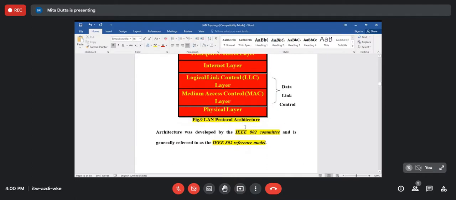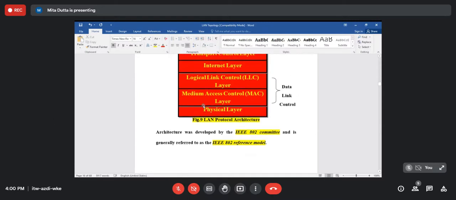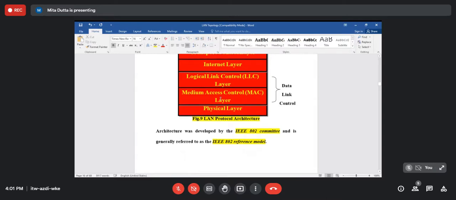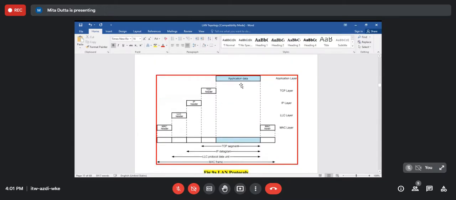This architecture was developed by the IEEE 802 committee, and so it is known as the IEEE 802 reference model. And here for the data packets, application layer data is known as application data, and TCP layer data is known as TCP segment.